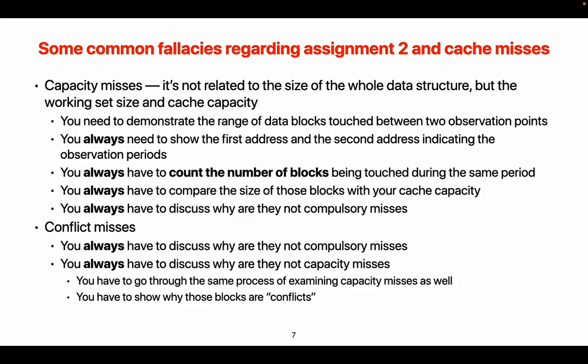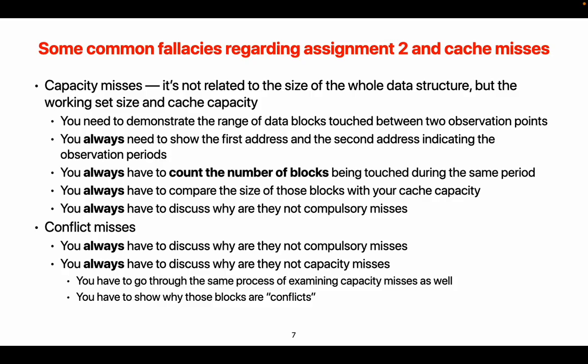This is a summary of the common fallacies that I found regarding assignment 2 and the cache misses. First of all, capacity miss is not related to the size of the complete data structure. It's about the working set size and the cache capacity. If you have a question you believe is a capacity miss, but the autograder is still giving you the wrong answer, you probably missed one of the following.